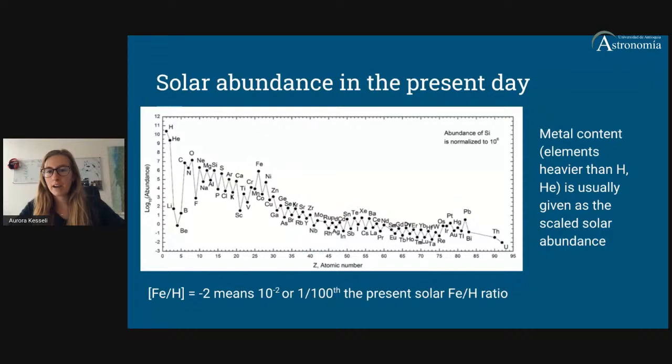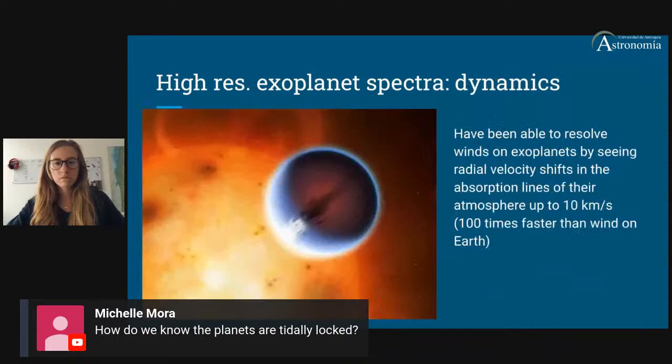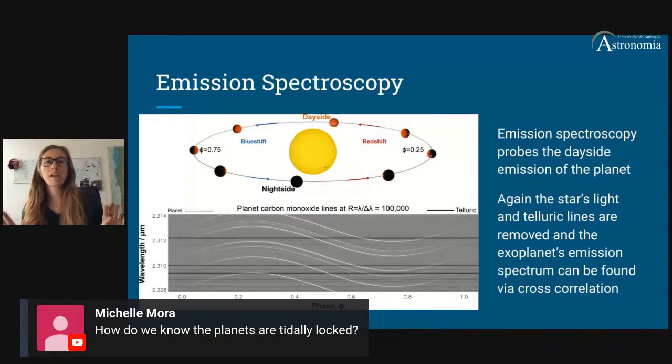Okay, so let's go back to the tidal locking so I can answer that question. Here is our planet, and we have the star and we have the hot Jupiter. Tidal locking basically is something that's always going to happen over time. It just depends on how long this is going to be.